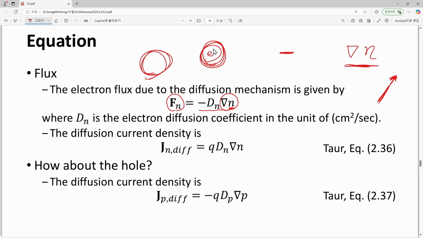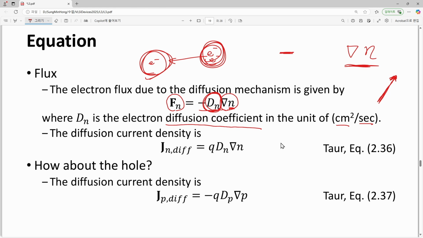And here we also have a proportional coefficient, called the diffusion coefficient, written in units of square centimeter per second.